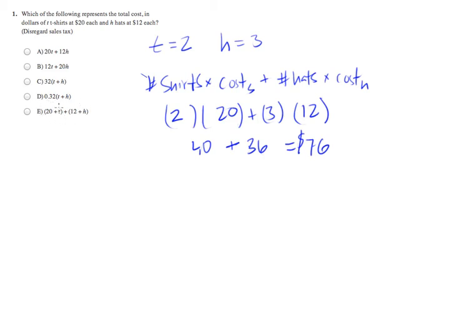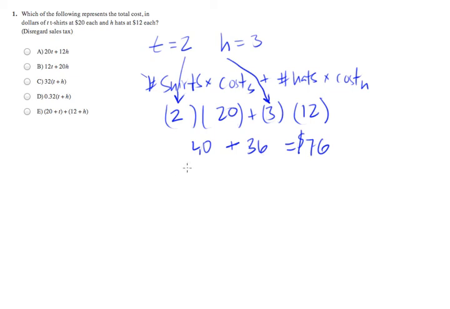But one of the things that I've noticed while I was plugging in was that I basically built an algebraic expression for the cost of shirts right here. So instead of 2 and 20, 3 and 12, I'm just going to try putting the H and the T right in the equation.